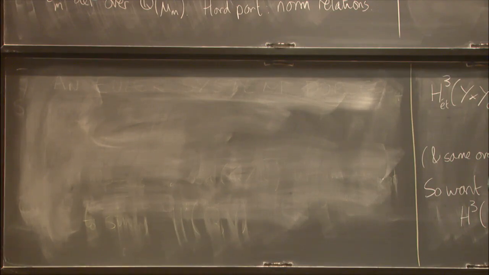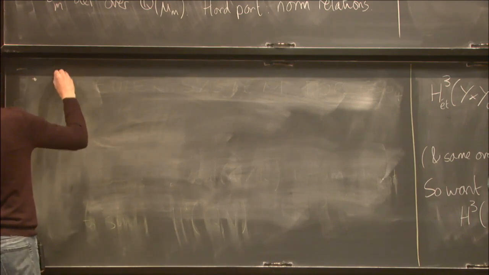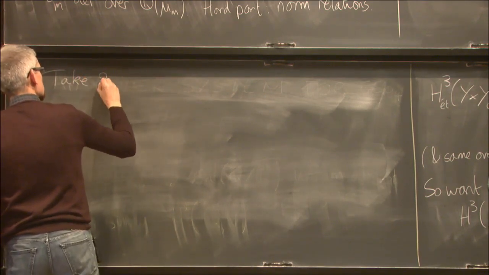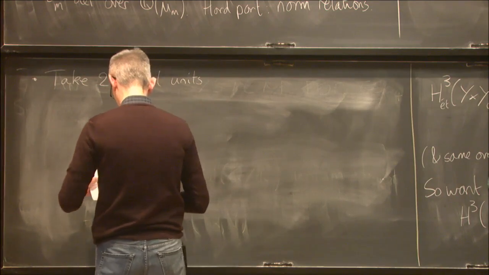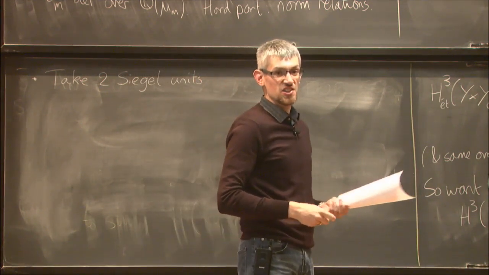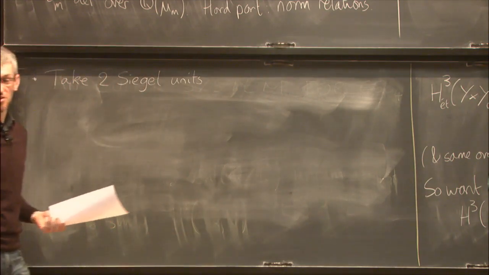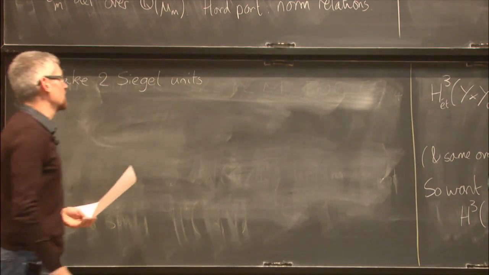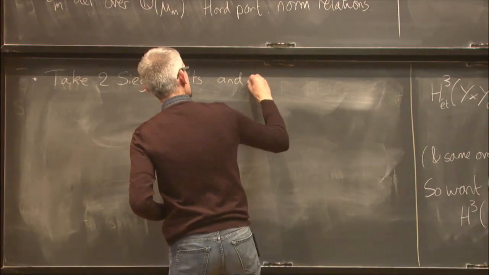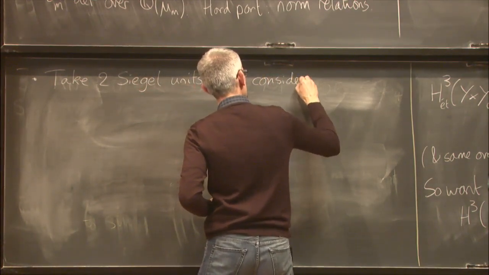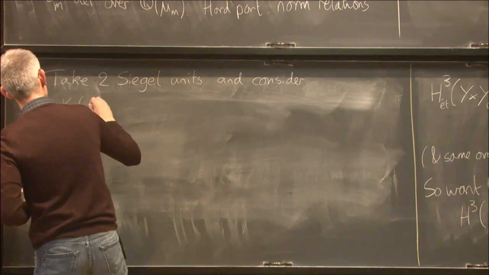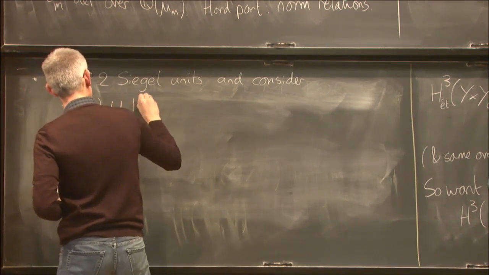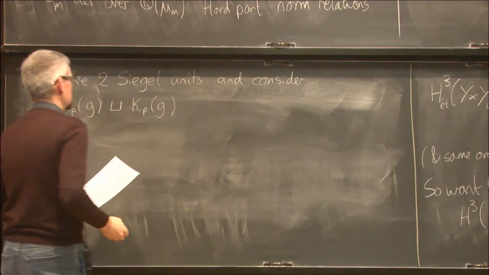Wrong page of my notes here. So the next step is you take two Siegel units, one on each factor of Y times Y, so you can regard these as two independent rational functions on the product Y times Y. And you take the cup product of these two things.